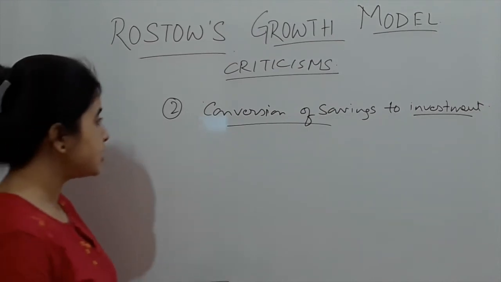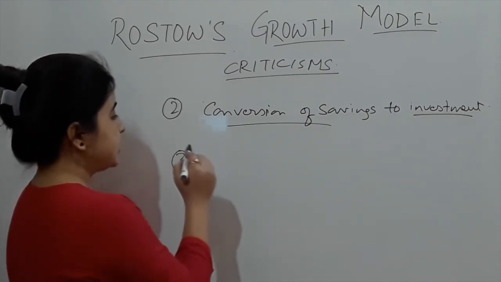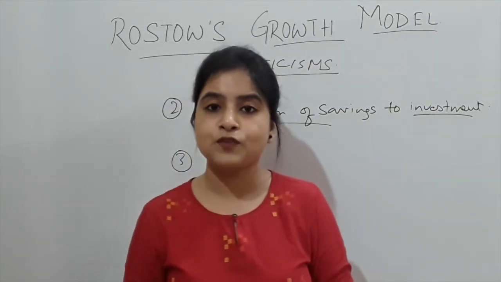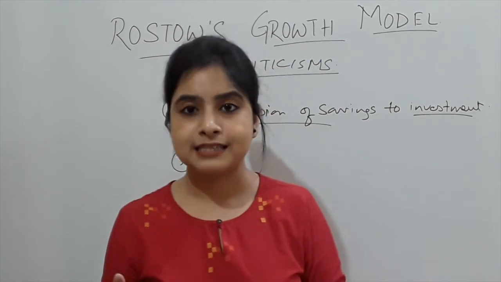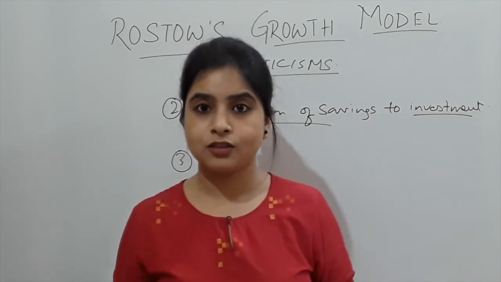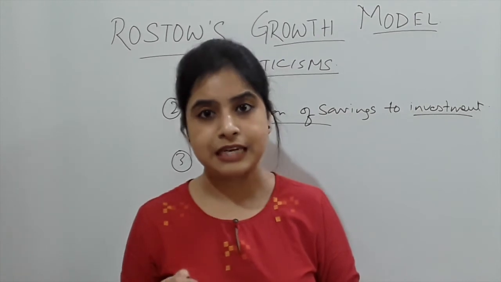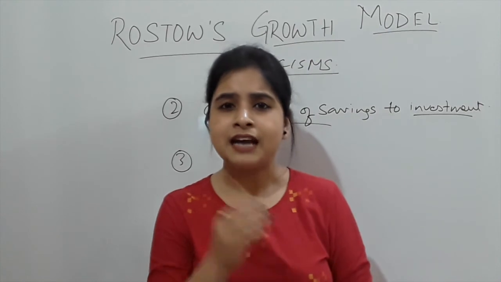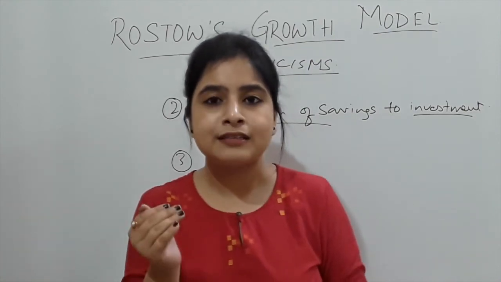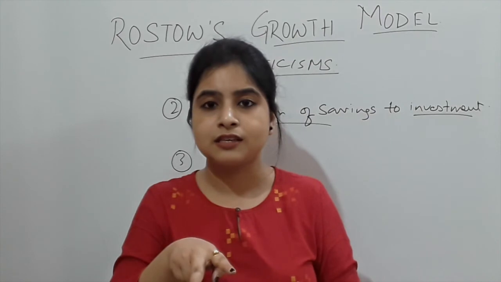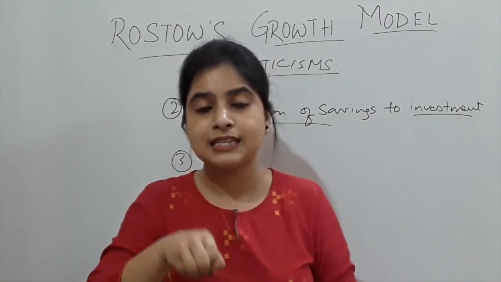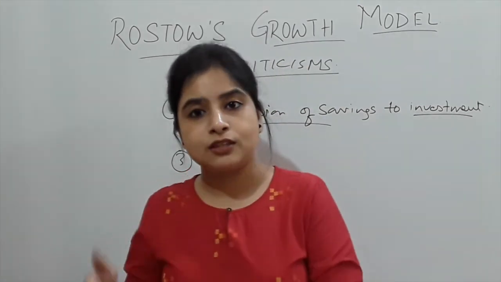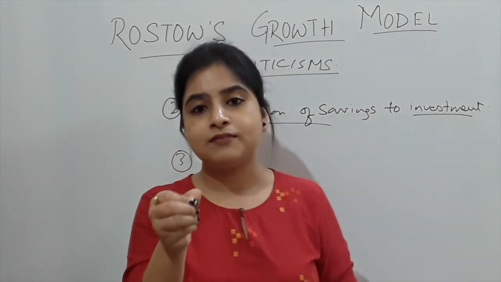And now let's move to the third criticism. The third criticism says that in the theory by Rostow we have found that he has divided the whole process of economic growth into 5 different stages. Now here the criticism lies. How can one exactly distinguish between 2 stages, that at which point we consider that this economy has moved from, suppose, stage 2 to stage 3? At what point can we say this?